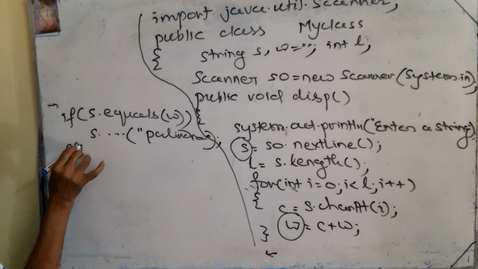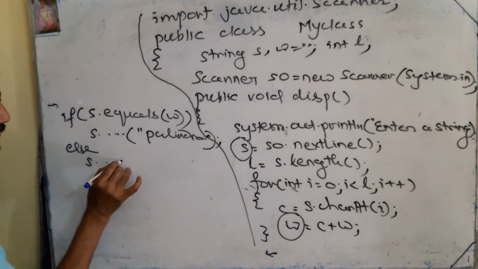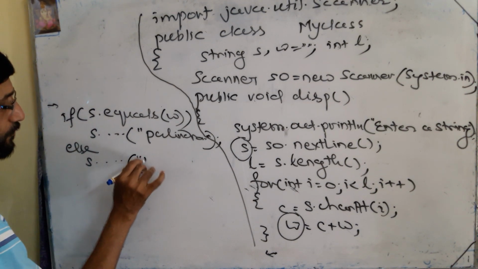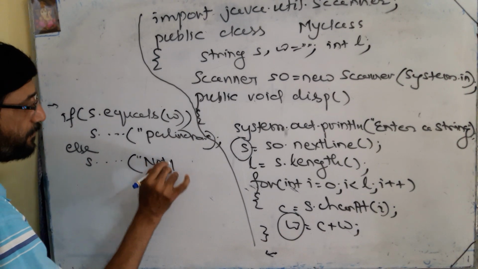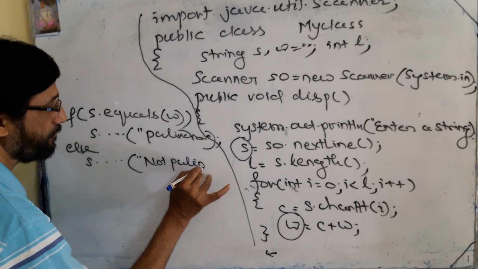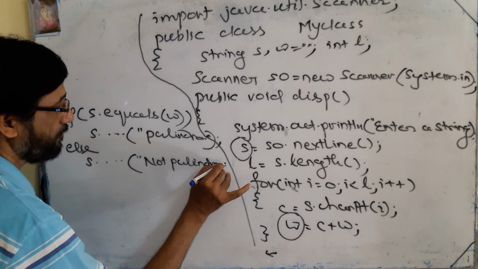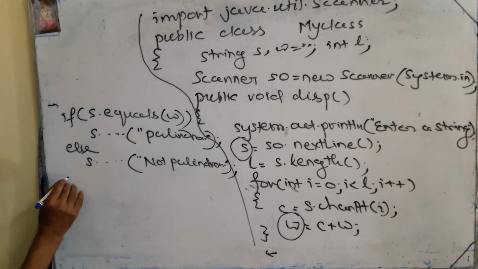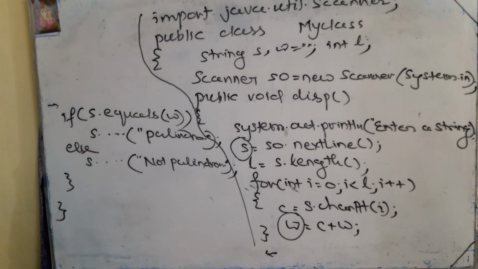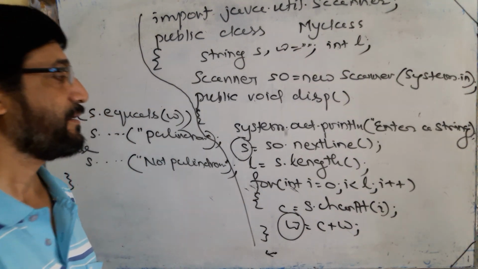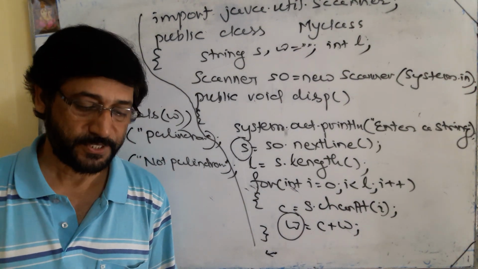Otherwise you write else System.out.println("Not palindrome"). Okay, then close the method and the class. In this way you can check whether the input string is a palindrome string or not.